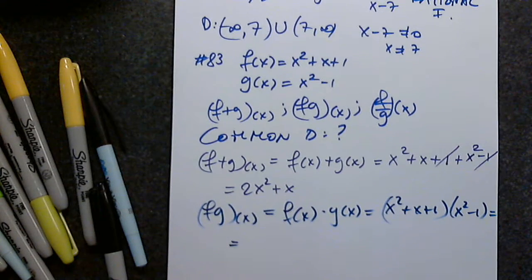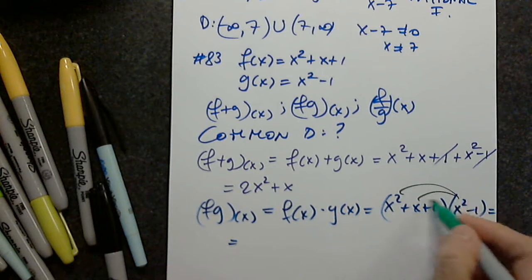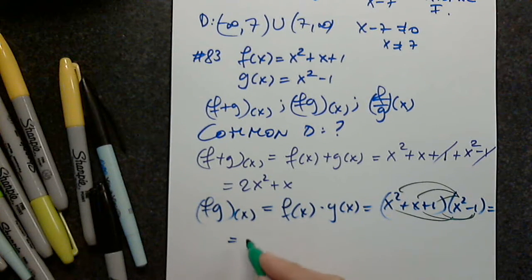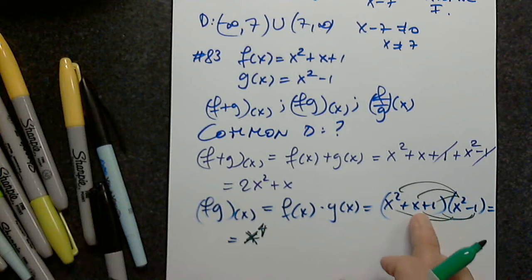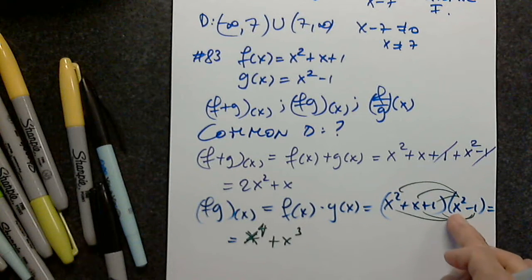Yes, it's a lot of writing in these, but it is nothing sophisticated, I would say. Would you agree? Just a lot of writing. So we have to distribute. X to the fourth, very good. Plus x cubed. We start from the smallest one. You don't have to change your style, but I prefer multiplying from the smallest one.